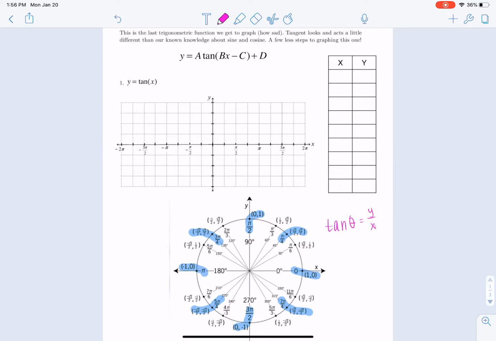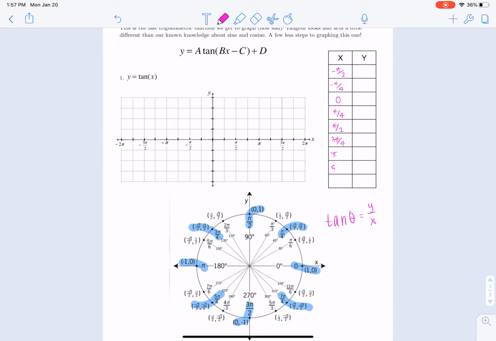Our first value when we're graphing tangent, we're going to take a look at what negative pi over 2 would look like, and we're going to increase by these increments of pi over 4. So negative pi over 2, negative pi over 4, then we're going to take a look at 0, pi over 4, pi over 2, 3 pi over 4, pi, 5 pi over 4, and then 3 pi over 2.